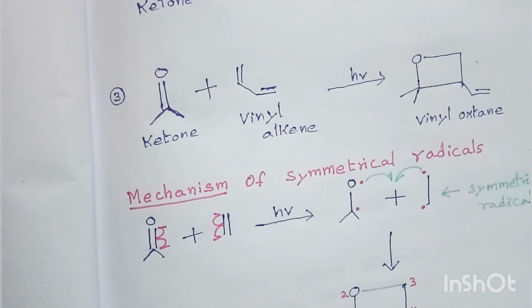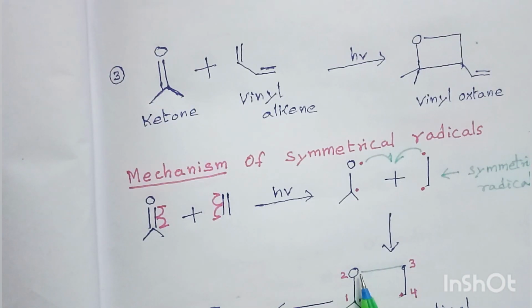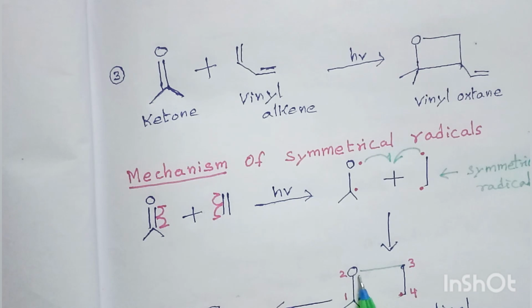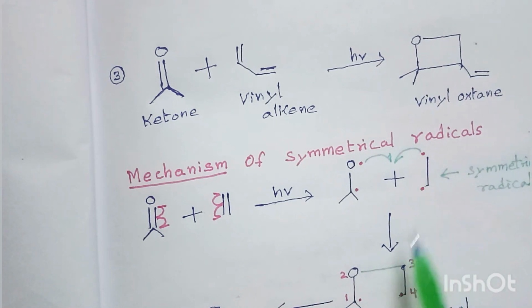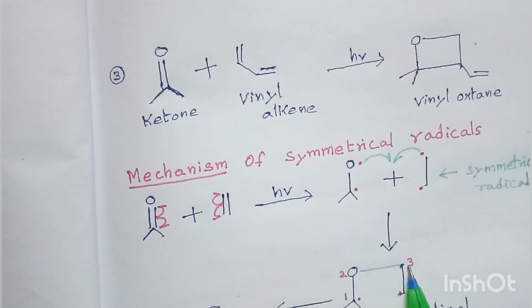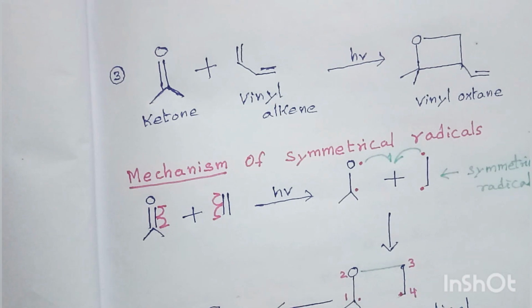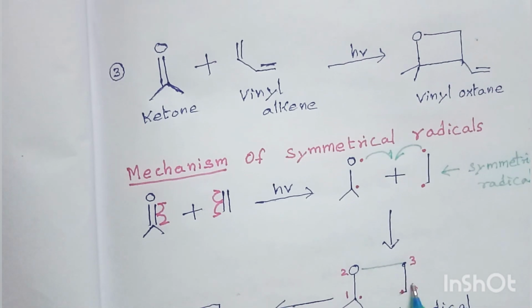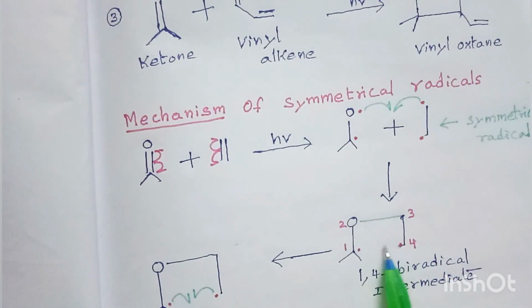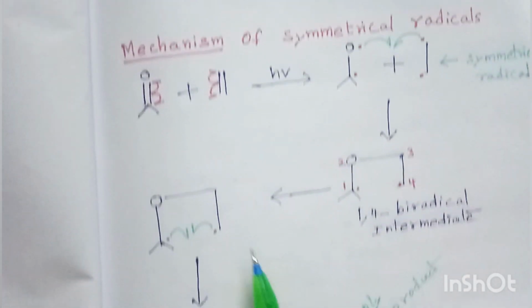Now, this oxygen radical will react with this radical to form a bond first, thereby giving a 1,4 biradical intermediate. This is 1, this is 2, this is 3, this is 4. This is the 1,4 biradical intermediate. In the next step, these two radicals will form a bond.